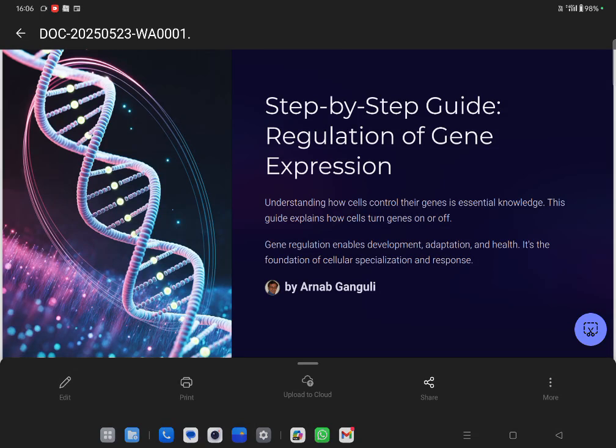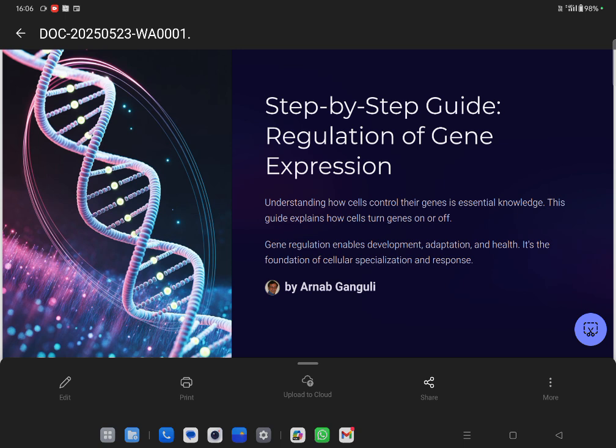So in today's class we will go step by step through the regulation of gene expression. We will try to understand how cells control their genes, and in this guide it will be explained how cells turn genes on or off.